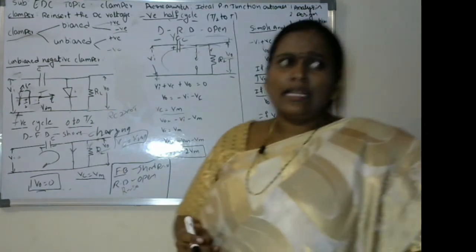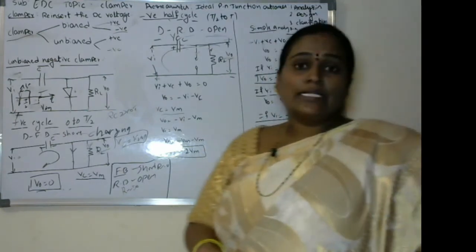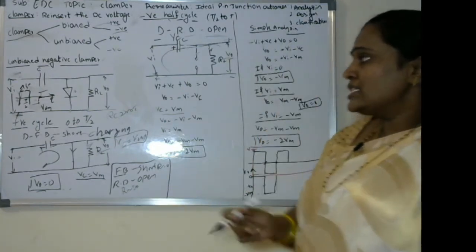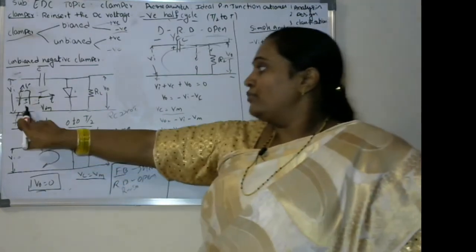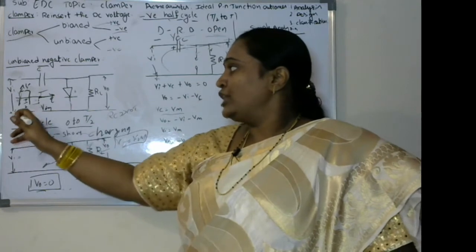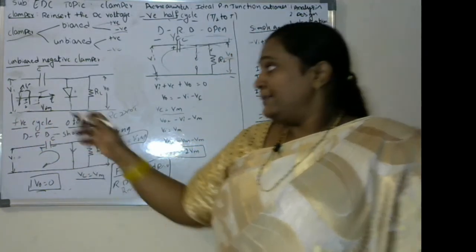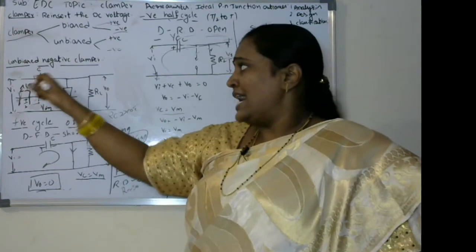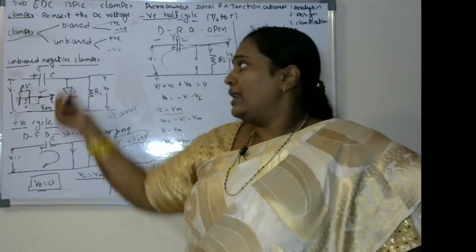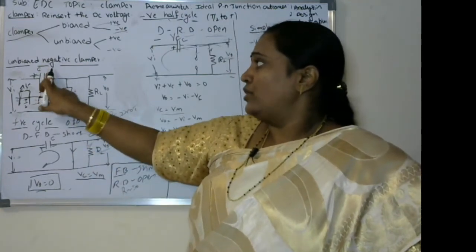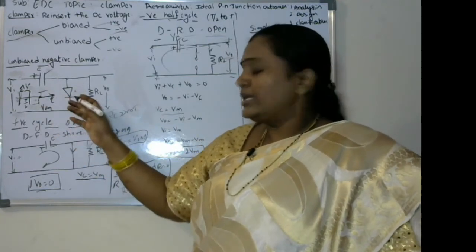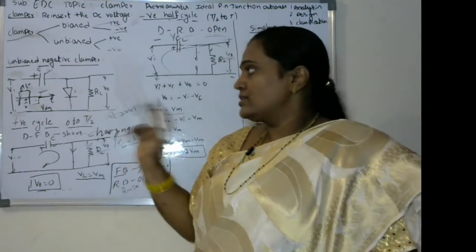Next, how can we do a simple analysis of the clamper circuit? If you observe, for the simple analysis purpose we have to consider the sign notation for when the diode is forward biased, since the capacitor is going to be charged with respect to that voltage reference, positive and negative terminals. So whenever the diode is forward biased, we have to consider that cycle only.